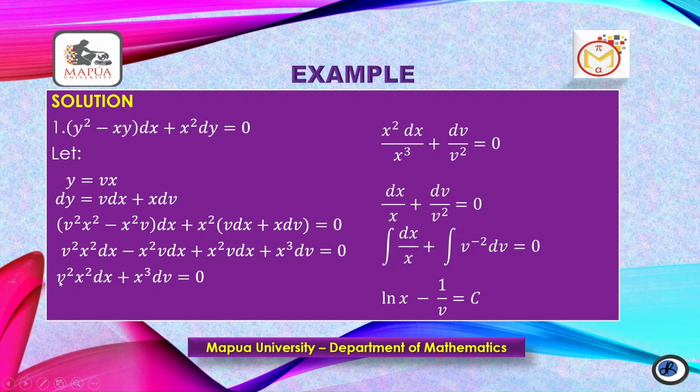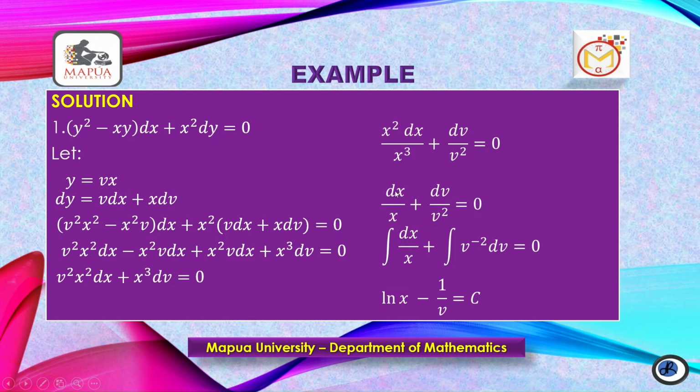So we have to divide both by the v squared here and the x cubed here. So it becomes x squared dx over x cubed, plus dv over v squared, equal to 0. So we can simplify it as dx over x plus dv over v squared.